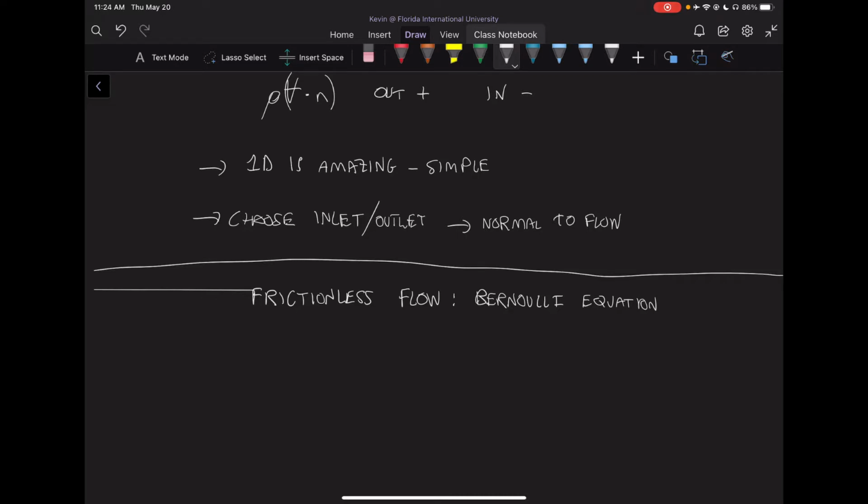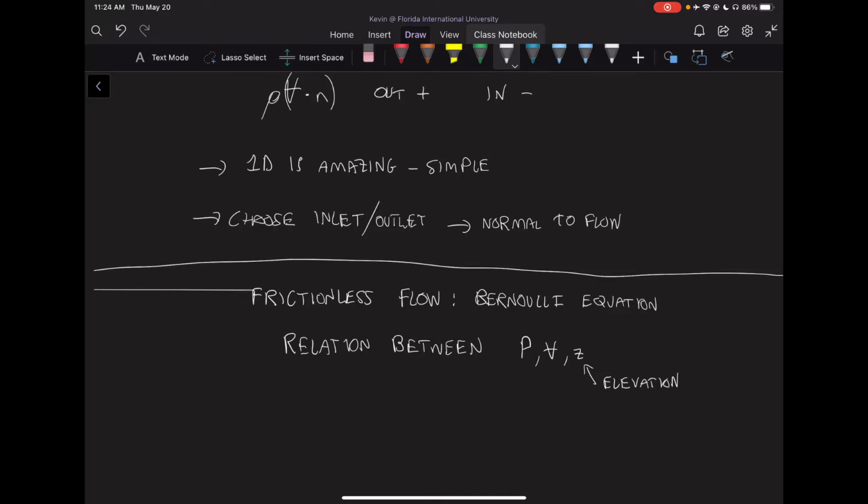So Bernoulli's equation is a relation that can be derived between pressure, velocity, and height, or elevation. Z, remember, is the term for elevation.